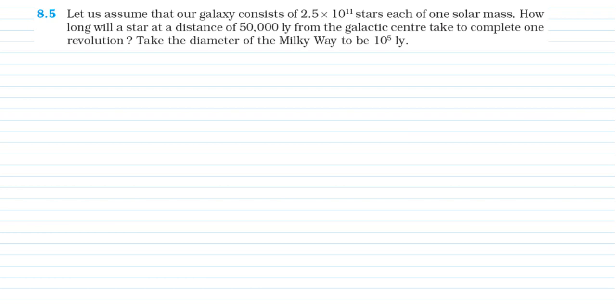Take the diameter of the Milky Way to be 10 raised to 5 light years. Here, first we will write the data: mass of each star, m is equal to 1 solar mass.